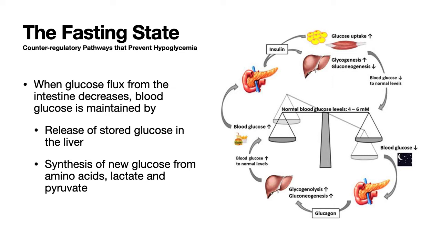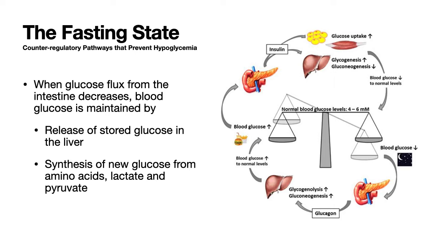So you have to contrast this with what happened during the fed state. During the fed state, glucose that has reached the portal vein bathes the liver, and in that instance, the liver captures the glucose and stores it for future use.